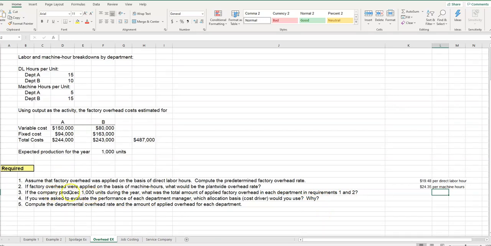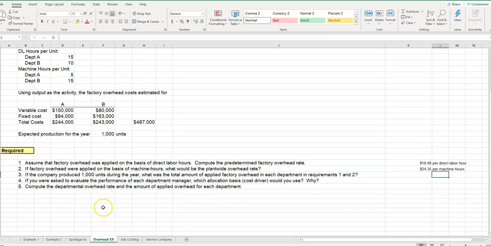If we produce 1,000 units during the year, what is the total amount of applied factory overhead in each department in requirements 1 and 2?